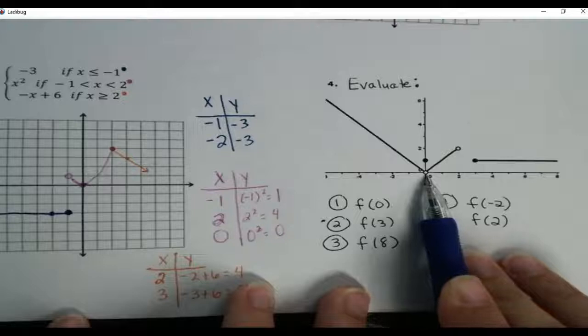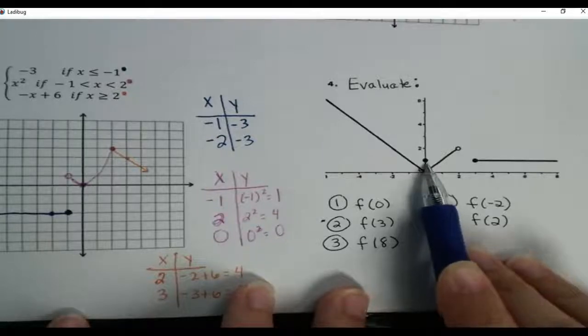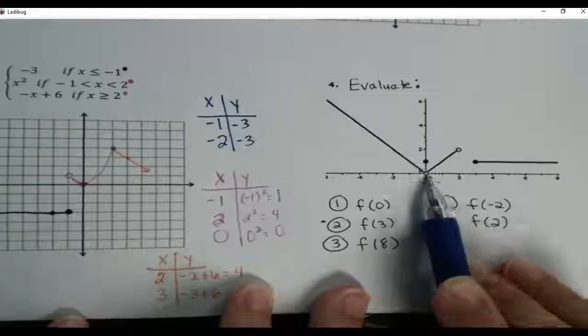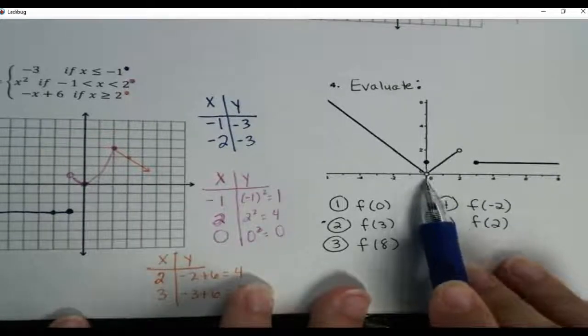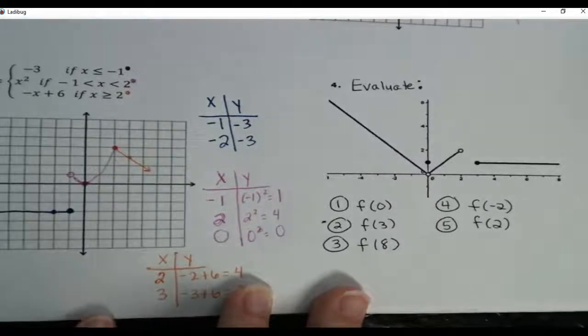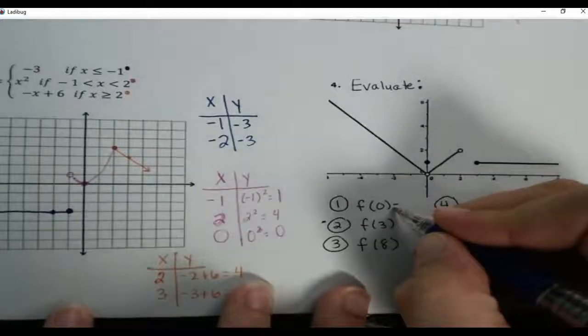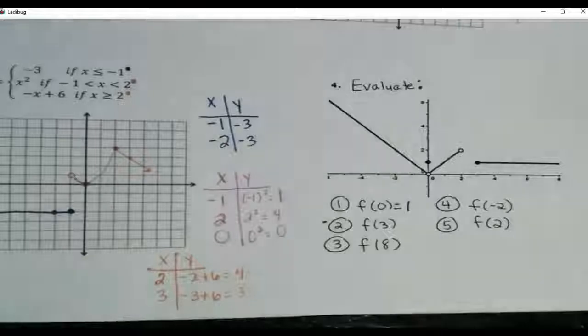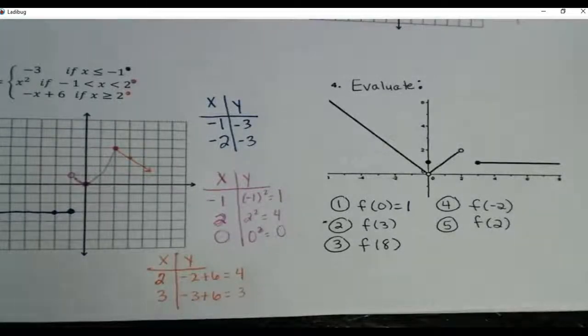Would it be 0? Or would it be 1? Which one? So would I use the 0 or would I use the 1? So we want to use the 1 because the 0 is an open circle. So that's what I was saying earlier. That's just telling you that it starts at 0, but it doesn't include that 0. Okay? So you have to have either a closed circle or a solid line is what you're looking for.